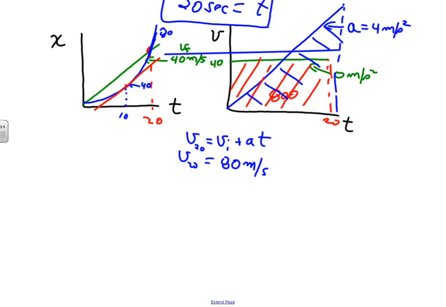Remember how fast the cop was going? 80 at 20 seconds. The cop was going 80 meters per second, and so 80 times 20 times a half, because it's 1/2 base times height, is, I'll be surprised, 800 meters. So the cop and the person are going the same exact distance.